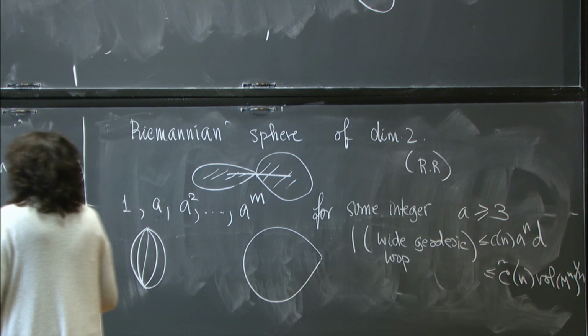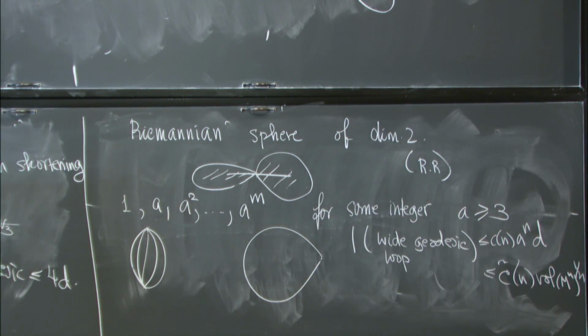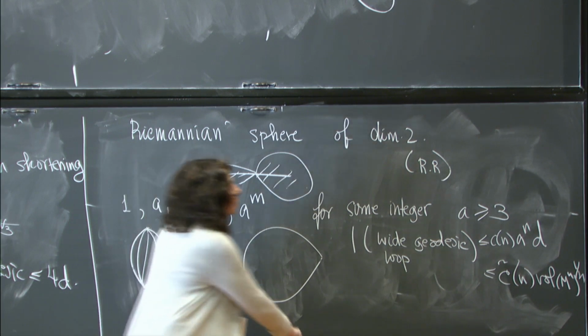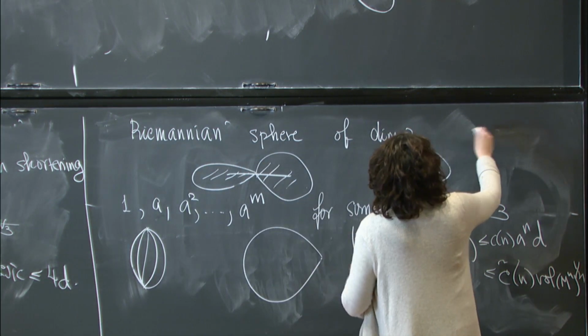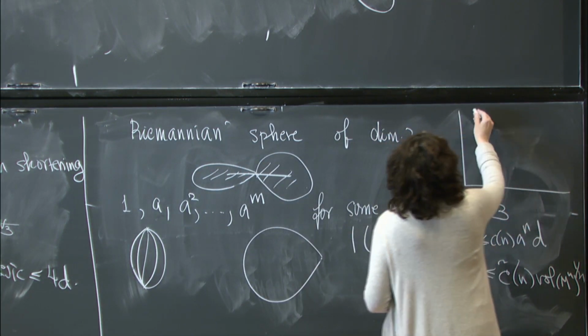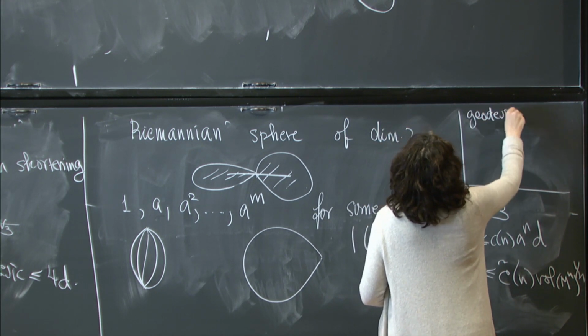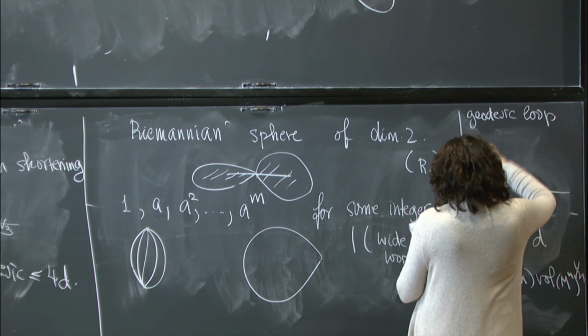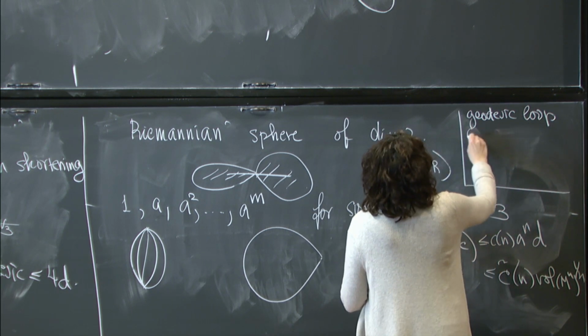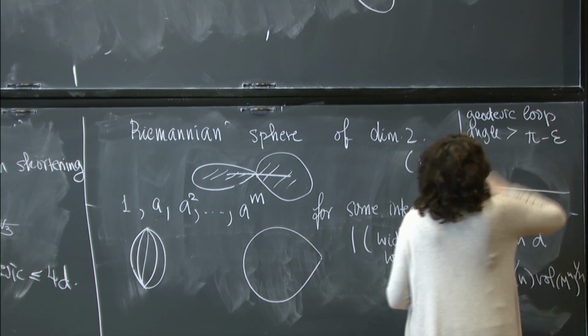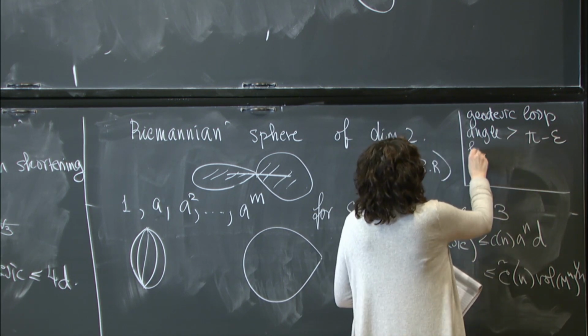Okay, so finally, let me now discuss the proof of this theorem, at least somewhat. Okay, so if you have an angle, so let's say you want a geodesic loop so that its angle is greater than pi minus epsilon for some small epsilon.